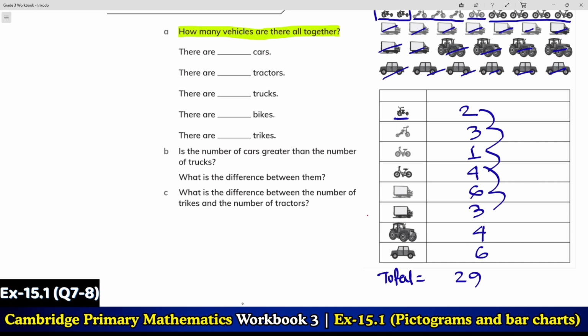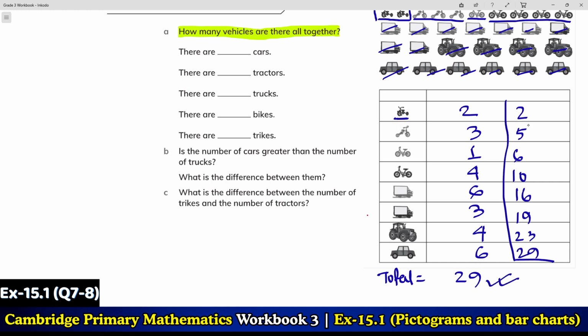Our answer is not the same, so we should calculate again. 2, 5, 6, 10, 16, 19, 23 and 29. So our answer is 29. This is an important thing: write or calculate the summation carefully.